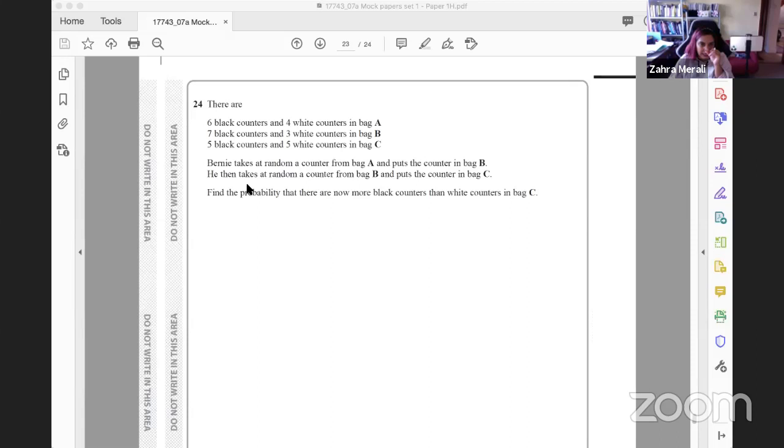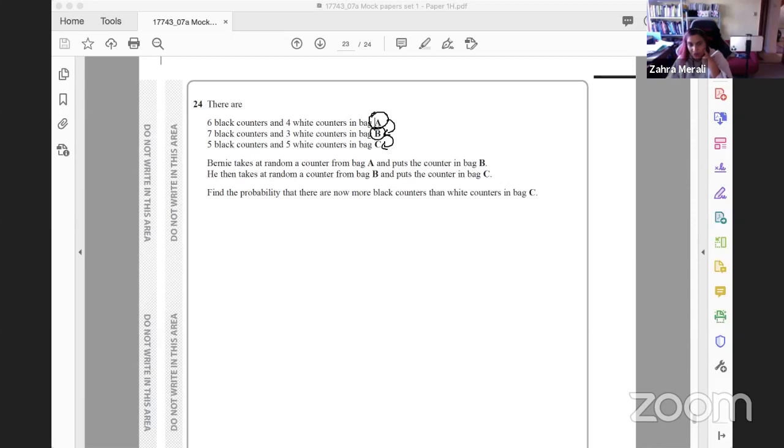Right, there are 6 black counters and 4 white counters in bag A, and 7 black counters and 3 white counters in bag B. 5 black counters and 5 white counters in bag C. Bernie takes a counter from bag A and he puts it into B. He then takes one from B and he puts it into C. And we want to know that there are more black counters than white counters in bag C.